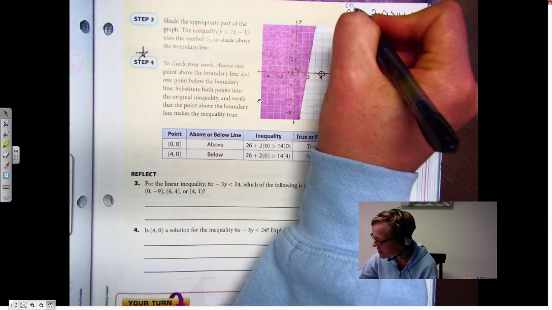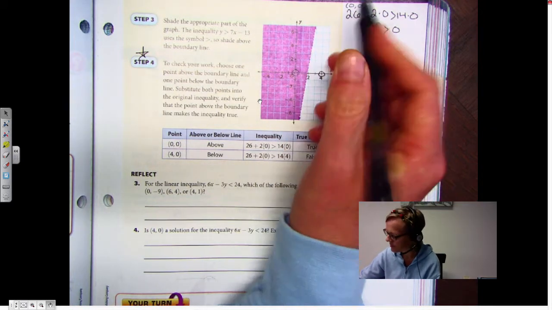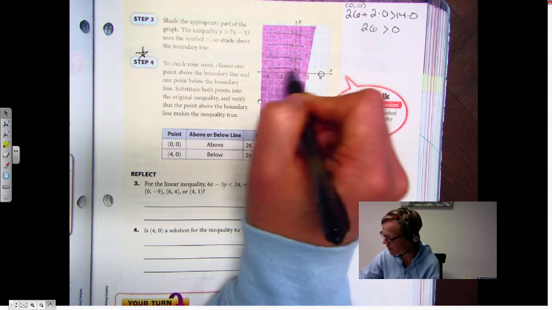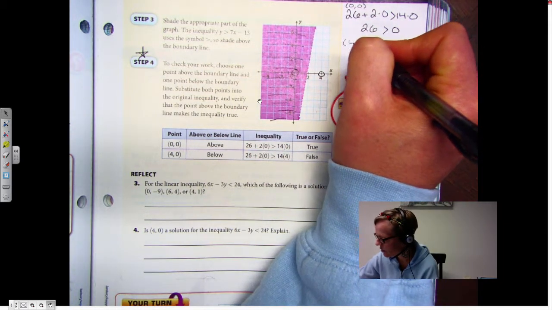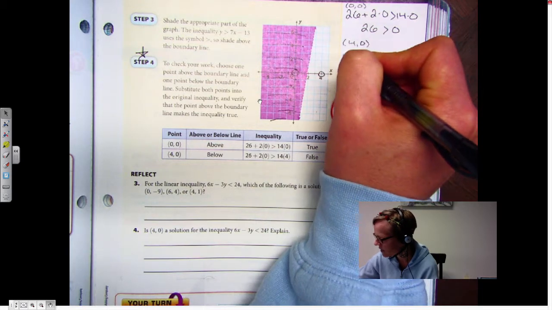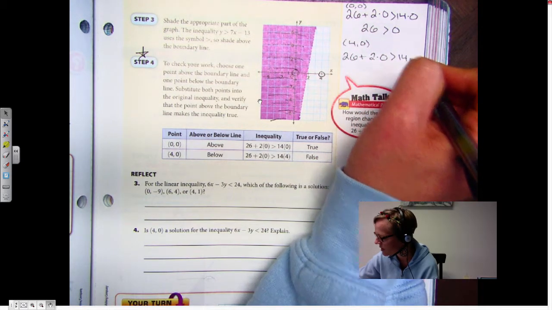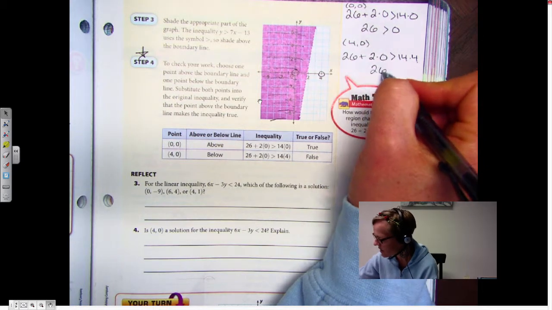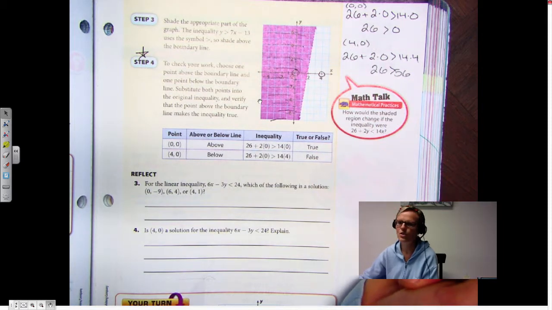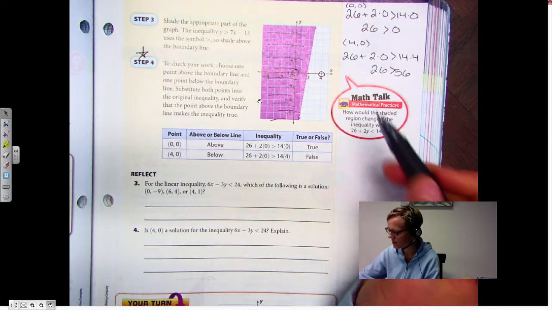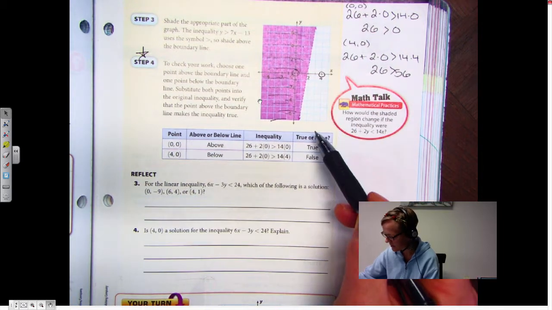So when I plug in 0, 0, this makes my statement true, so I'm going to shade this direction. If I plug in 4, 0, I would get 26 plus 2 times 0 is greater than 14 times 4. Is 26 greater than 56? No, 26 is not greater than 56. That means that this half plane is left unshaded.